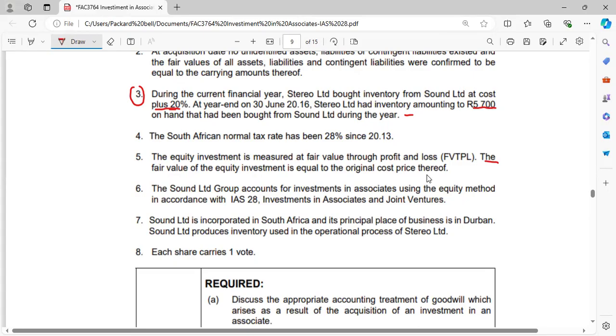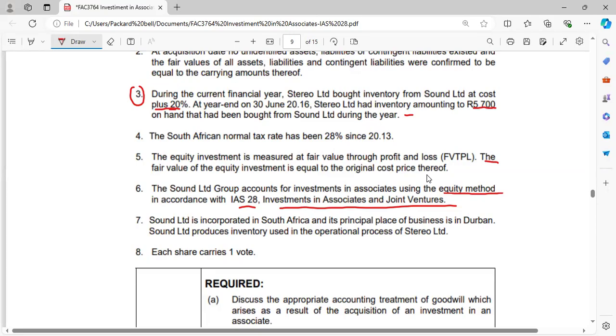The Sound Limited group accounts for investment in associate using the equity method in accordance with IAS 28, investment in associate and joint venture. You'll see our next topic is going to be joint ventures, and it's more or less the same.